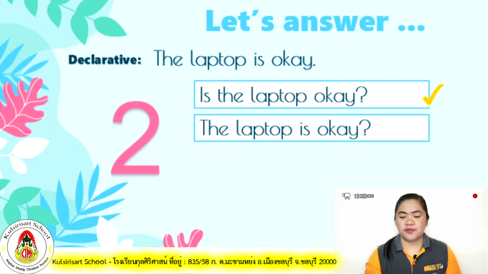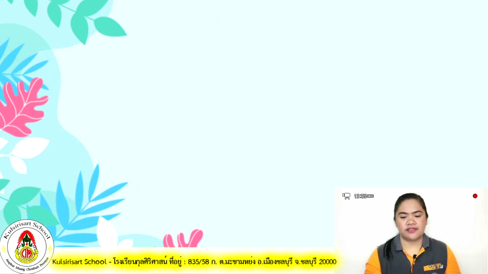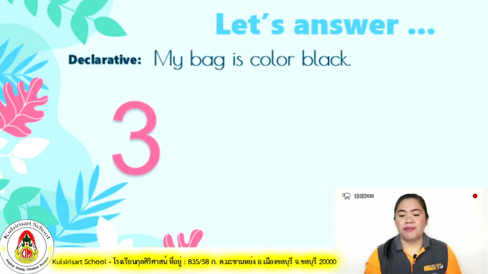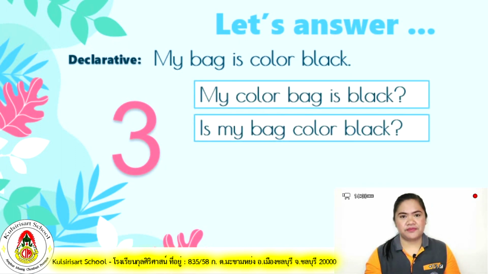So now, let's proceed to the third exercise. We have, my bag is color black. Again, read it. Okay, very good. So here are the choices. Okay, so now, which do you think is the answer?